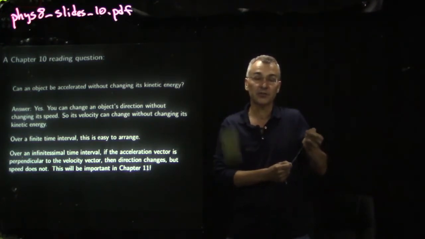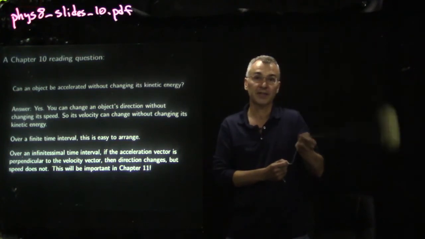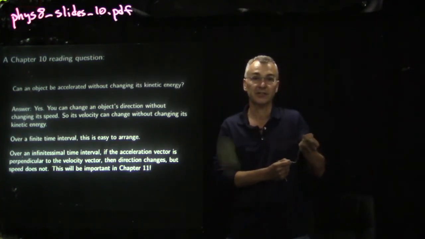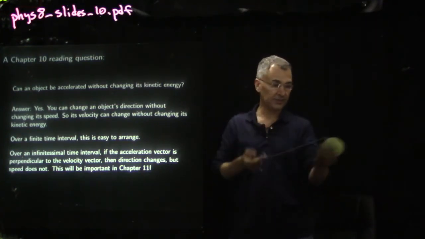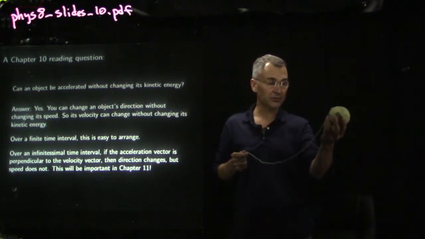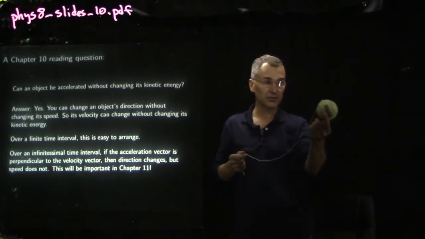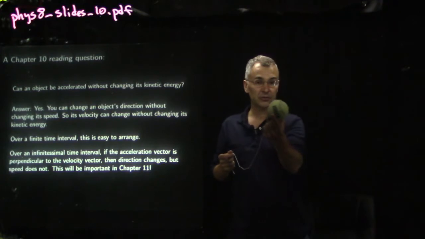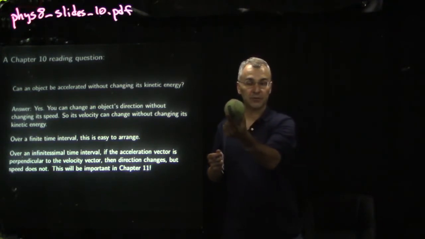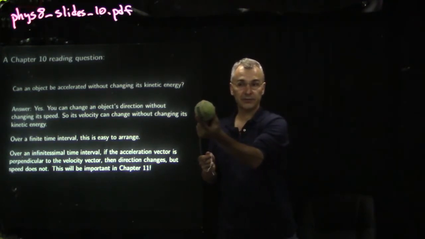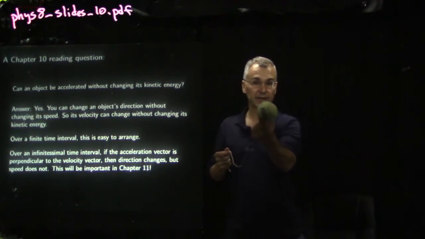Okay, so that you could do that in more than one dimension. You could do that infinitesimally, instantaneously. And then in a single dimension, it's hard to do that instantaneously, but over a finite interval, you can go from moving this way to moving this way.